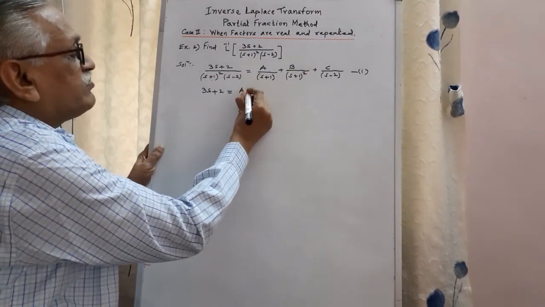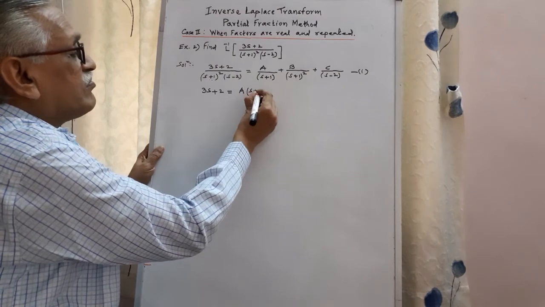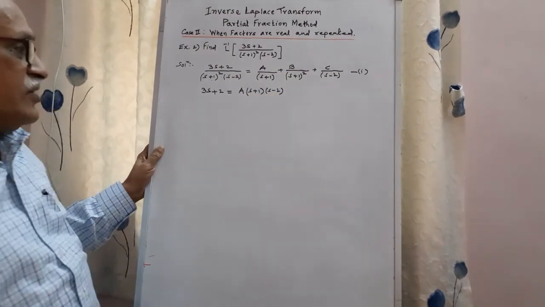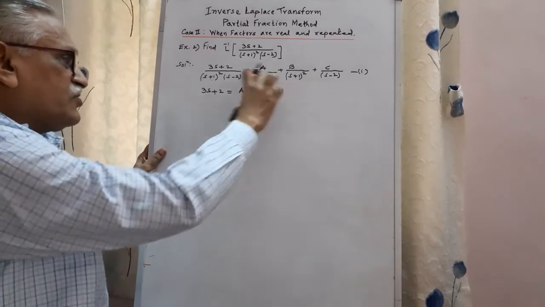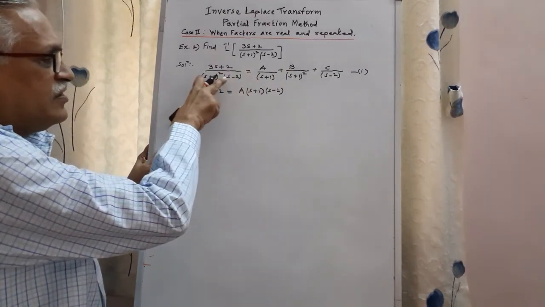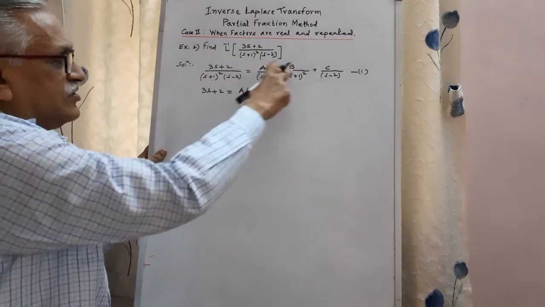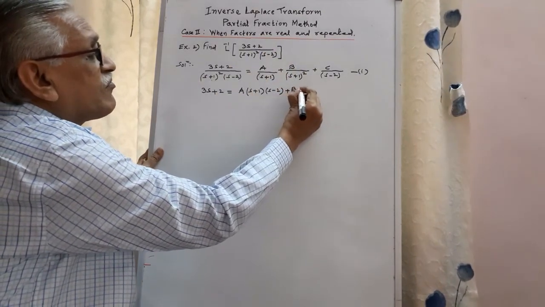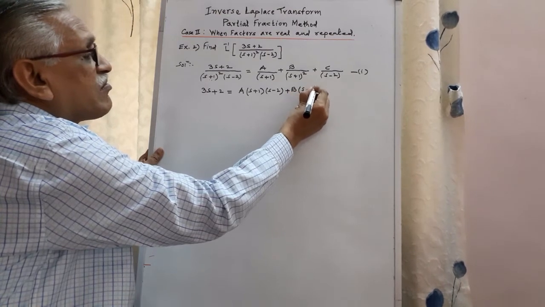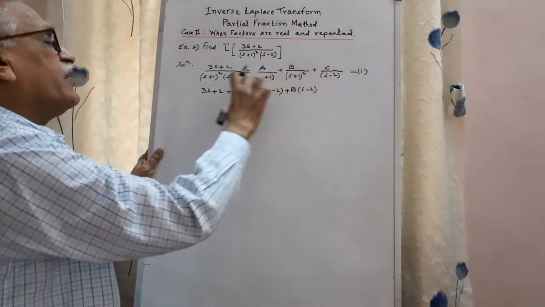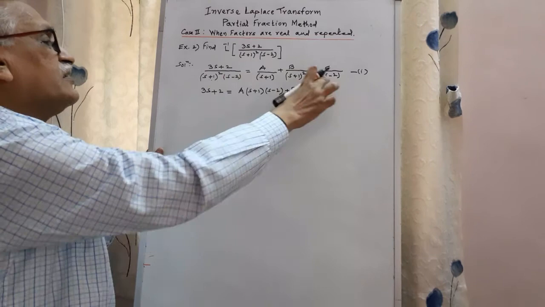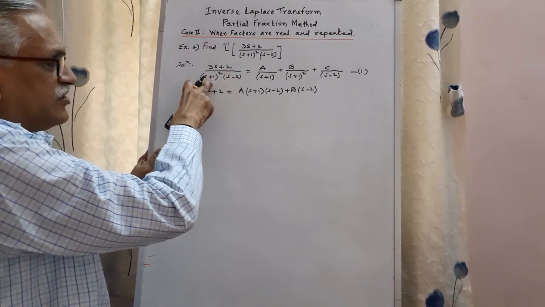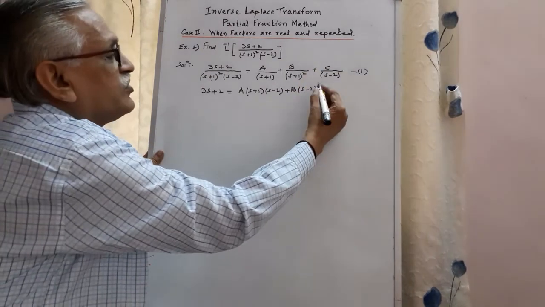Therefore, a into that term. Then divide by this, this gets cancelled, remains s minus 2, by which we multiply b, and s minus 2 divided by s minus 2, s minus 2 gets cancelled, this remains, therefore c into that term.